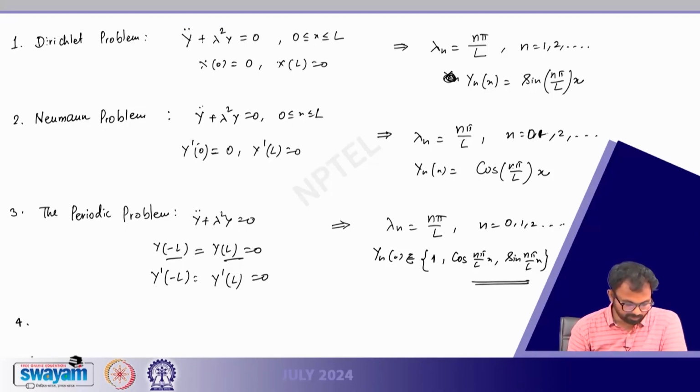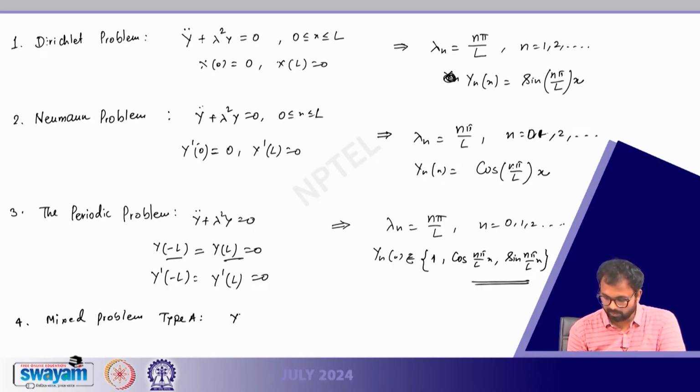Fourth one is if we have a mixed boundary condition, a mixed problem. Let's say mixed problem of type 1, or type A. Then we have y double dash plus lambda square y equals 0, with y at 0 equals 0 and y dash at L equals 0.